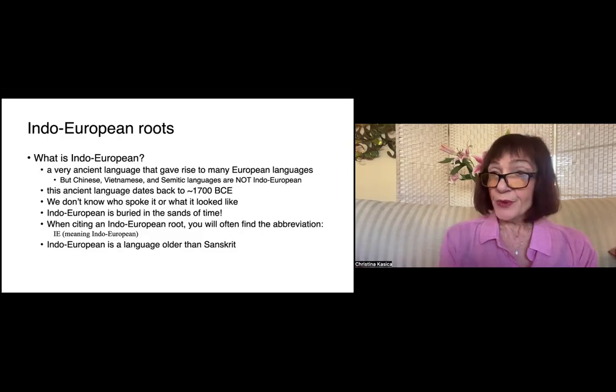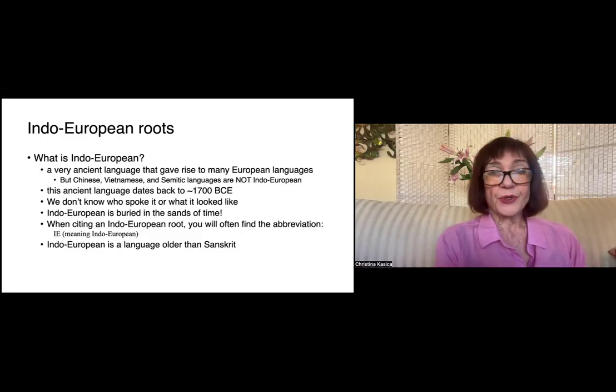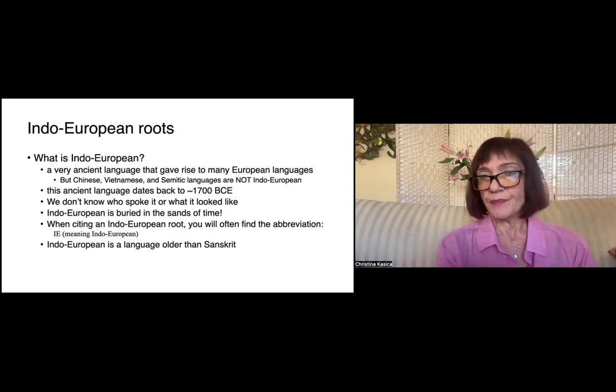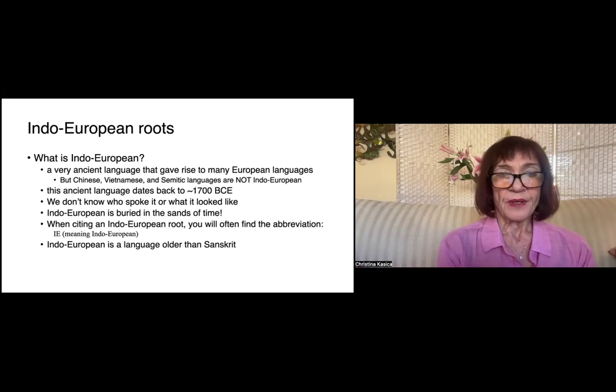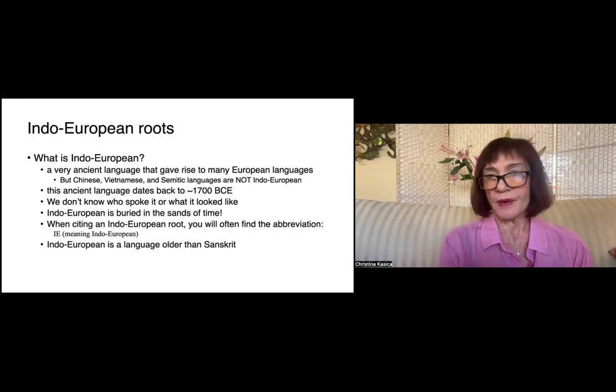When you're citing an Indo-European root, you will usually find the abbreviation IE, meaning Indo-European. If you look into Sanskrit much more with us, you will see that abbreviation often used.